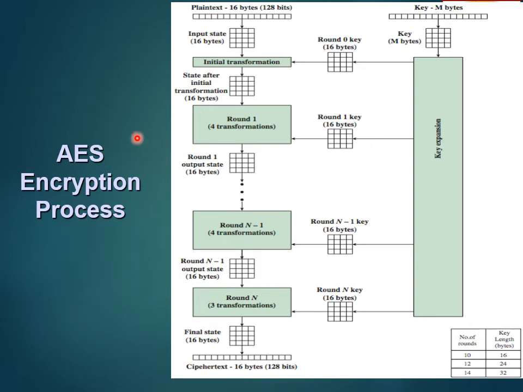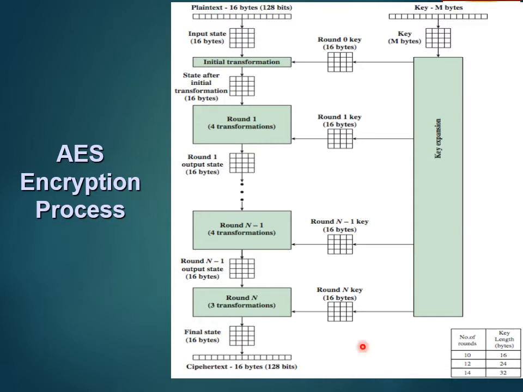This figure shows the overall structure of the AES encryption process. The cipher takes a plain text size of 16 bytes or 128 bits. The key length can be 16, 24 or 32 bytes.